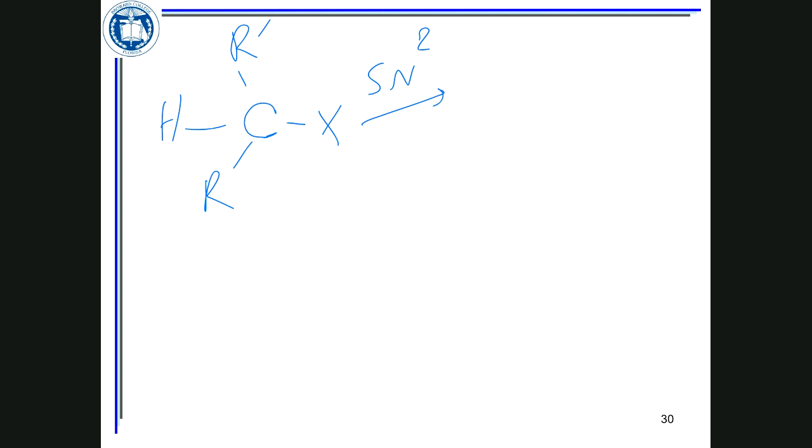And let's say you want to get the hydrolysis, solvolysis of this, you get the OH on the opposite side, and then you have your R and the hydrogen. So for SN2, the configuration is going to change. If you start with S, it can give you R. If it starts with R, it can give you S.